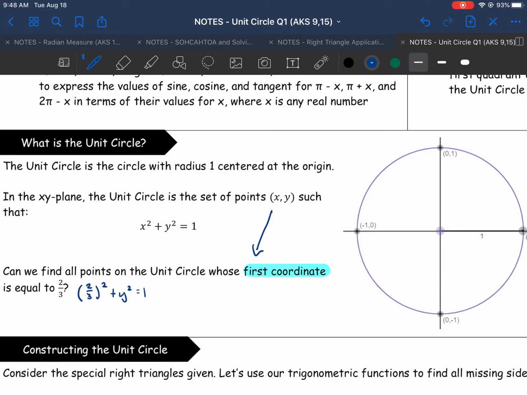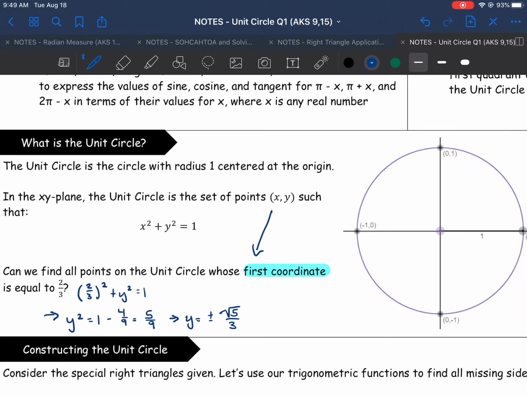Well, if we square 2/3, we're going to get 4/9. So this tells us that y squared is equal to 1, and we'll subtract the 4/9 to the other side, and that's going to be equal to 5/9. By taking the square root of both sides, we can remove the power of 2 from the y, so this also implies that y is equal to positive and negative square root of 5 divided by 3.